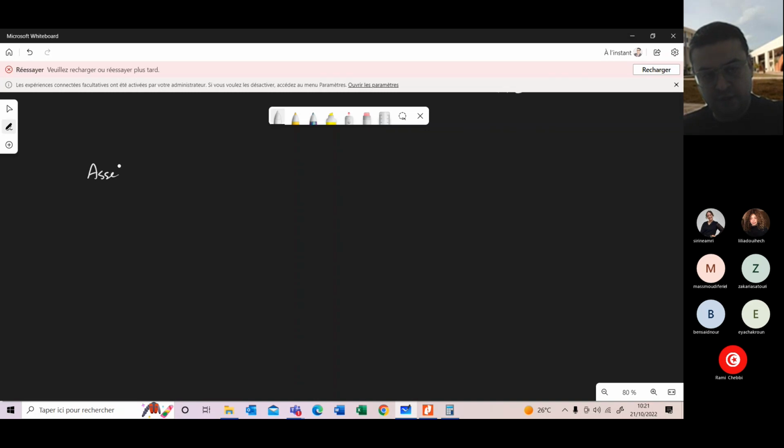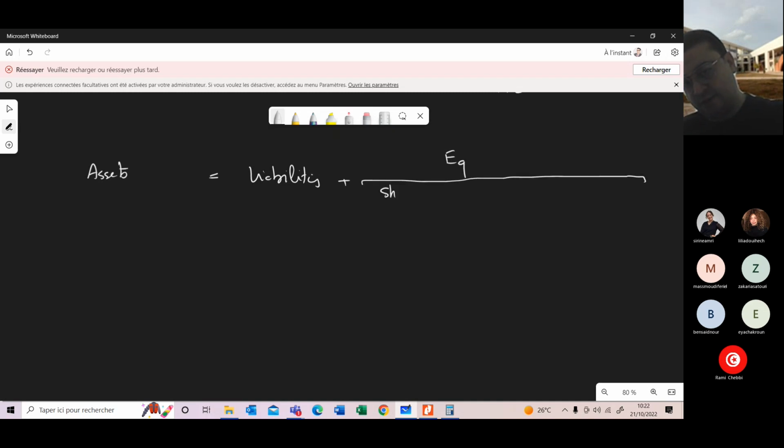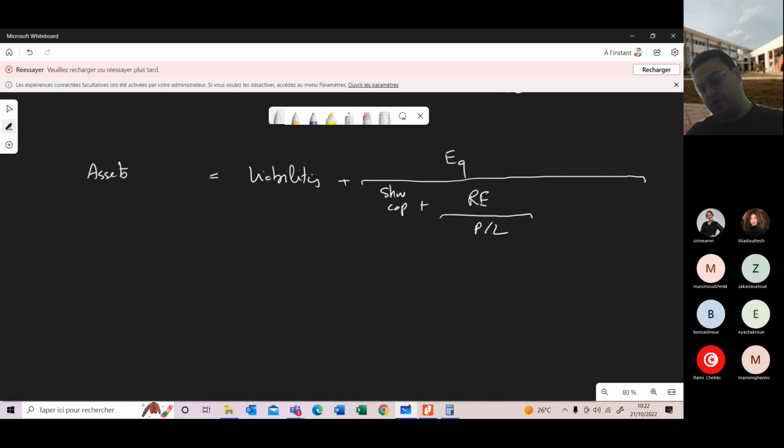Assets equal liabilities plus equity. The method that we are using is retained earnings, incorporating the profit and loss, right?